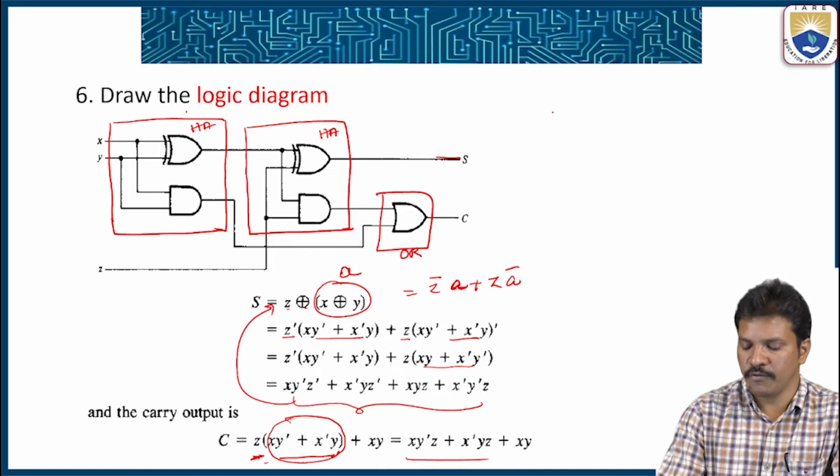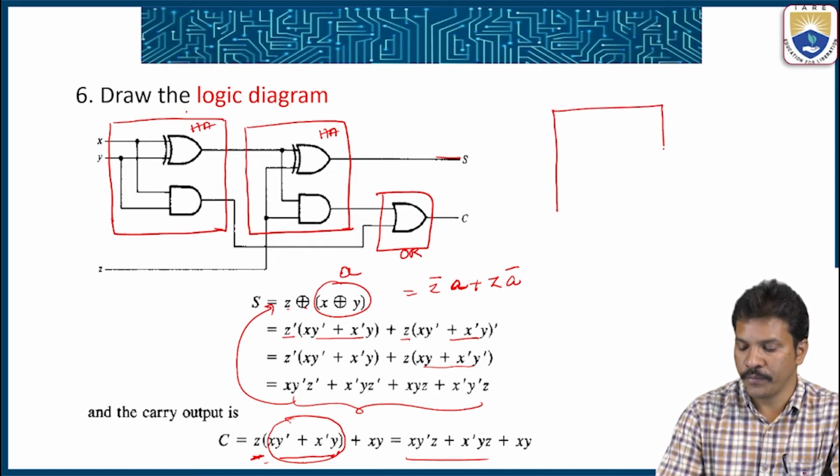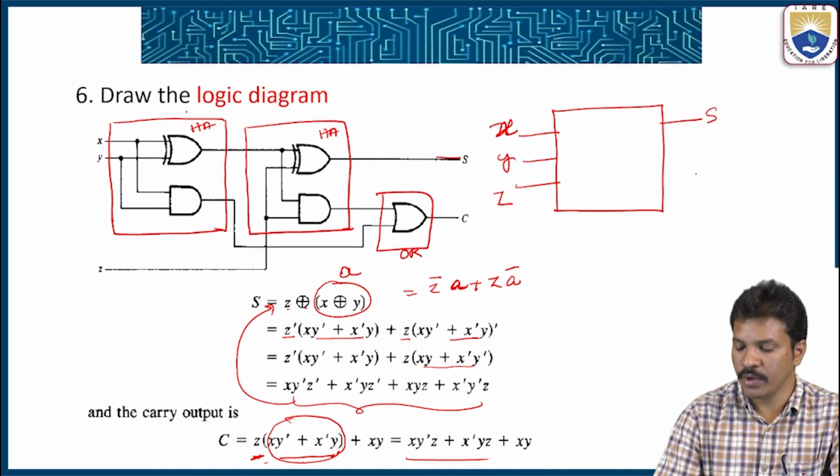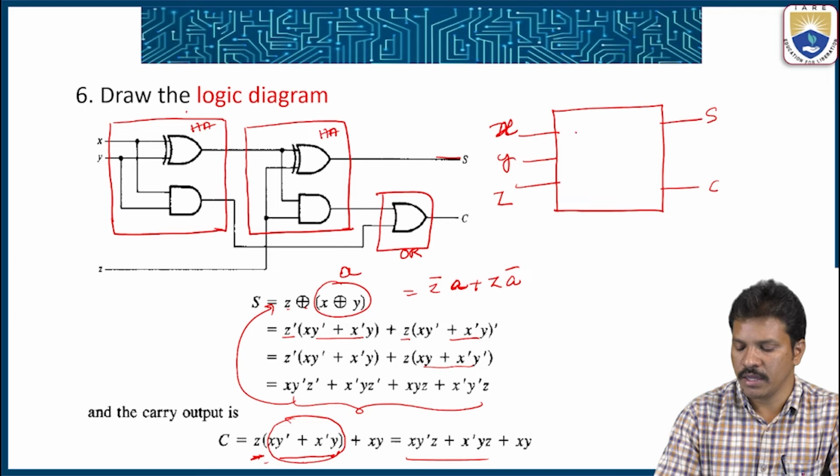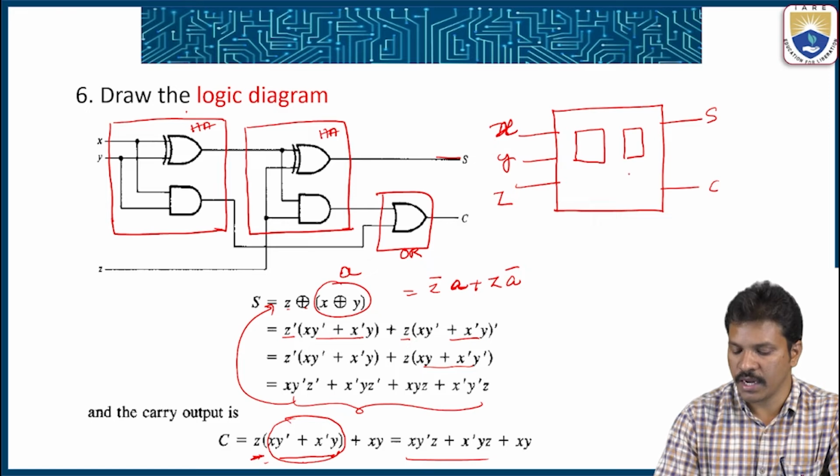So in order to get the full adder, with 3 inputs X, Y, Z, and sum, carry outputs, simply we can connect one half adder, another half adder, plus an OR gate.